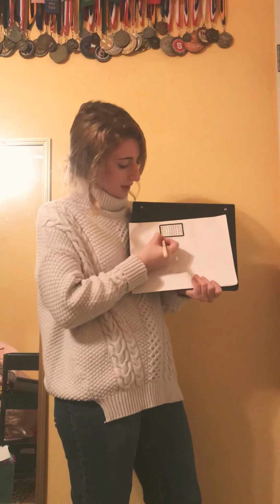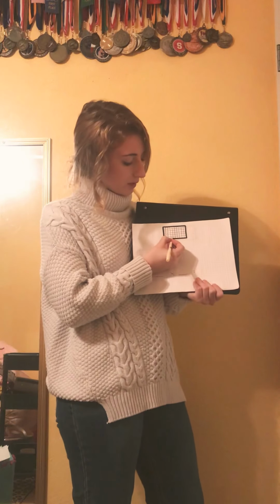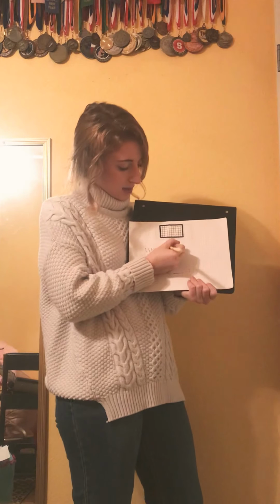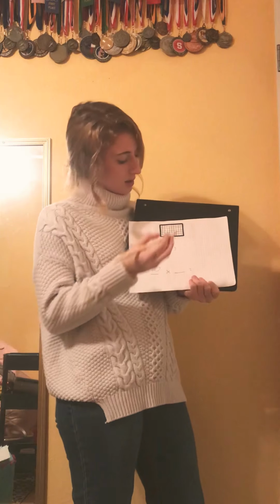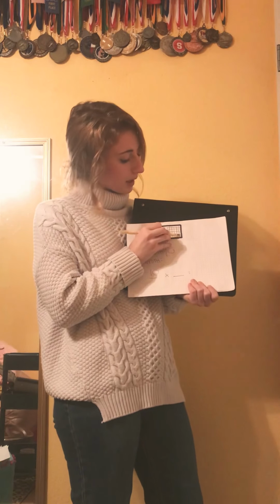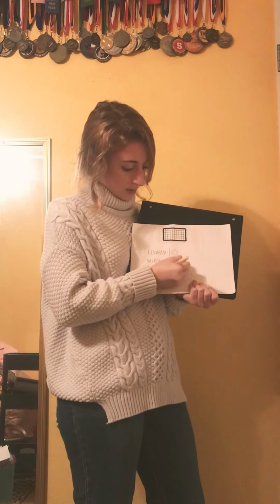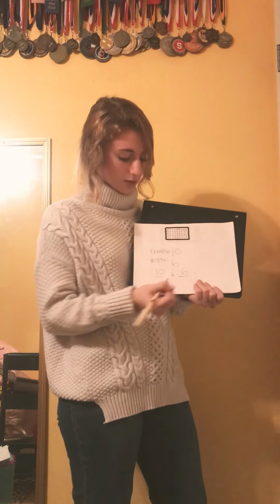The length of this is 1, 2, 3, 4, 5, 6, 7, 8, 9, 10. Write 10 right here and 10 right here. The width is 1, 2, 3, 4, 5, 6. 6 right here, 6 right here. Well, this is kind of an easy one because anything multiplied by 10, you just add a 0 to the back of it. So 10 times 6 should give you 60.